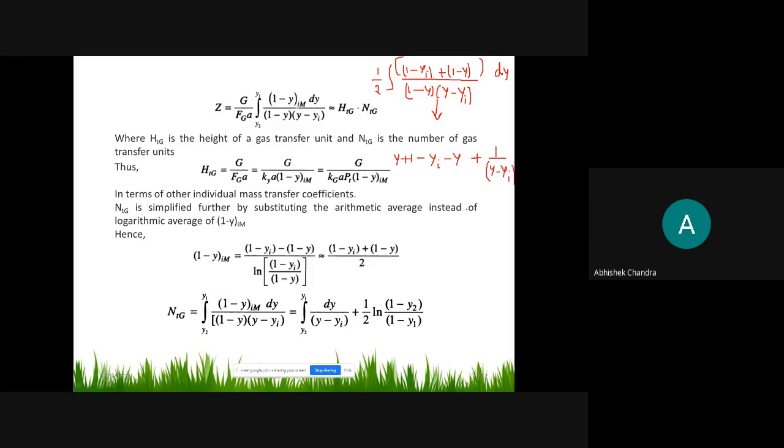And the denominator contains 1 minus y and y minus yi.